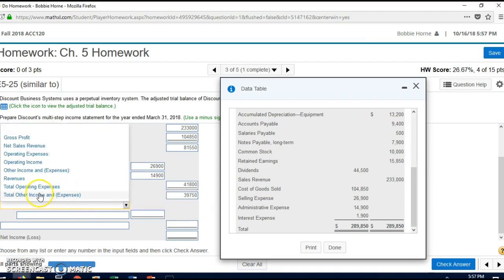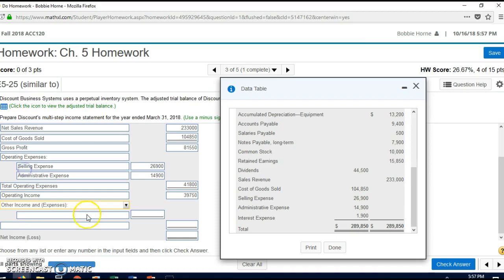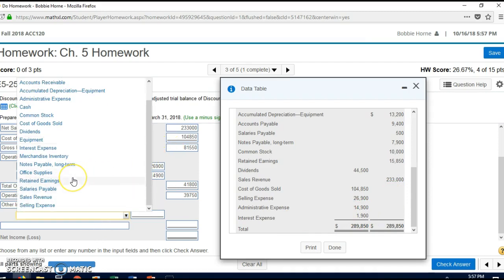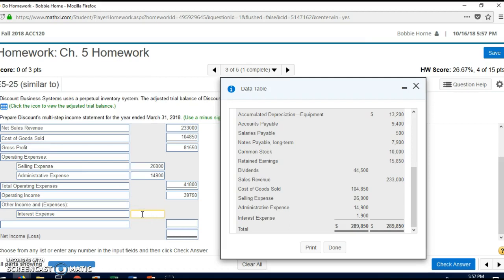Then you're going to have your other income and expenses, and that would be like interest expense or interest income. Here it's interest expense, and this is the only place where you will use parentheses if it's an expense, and then no parentheses if it's income.